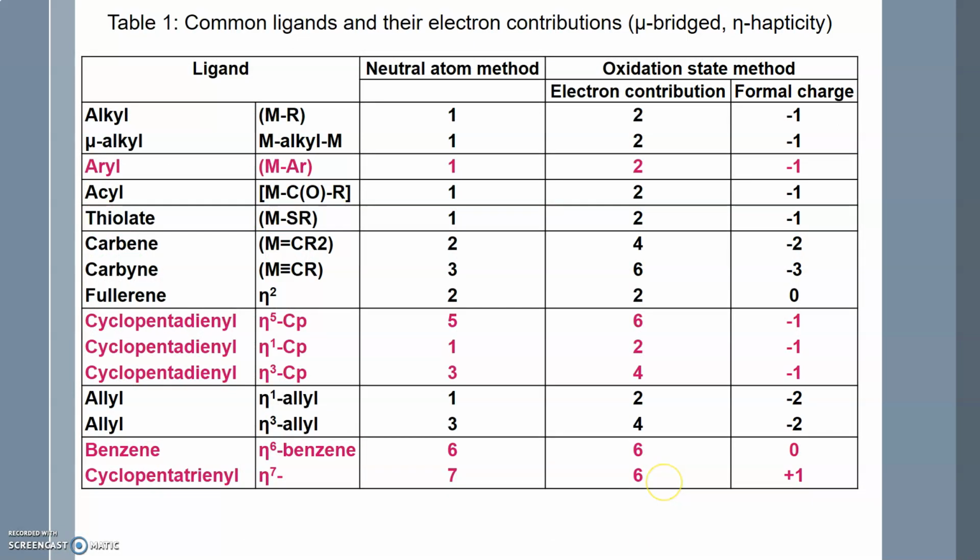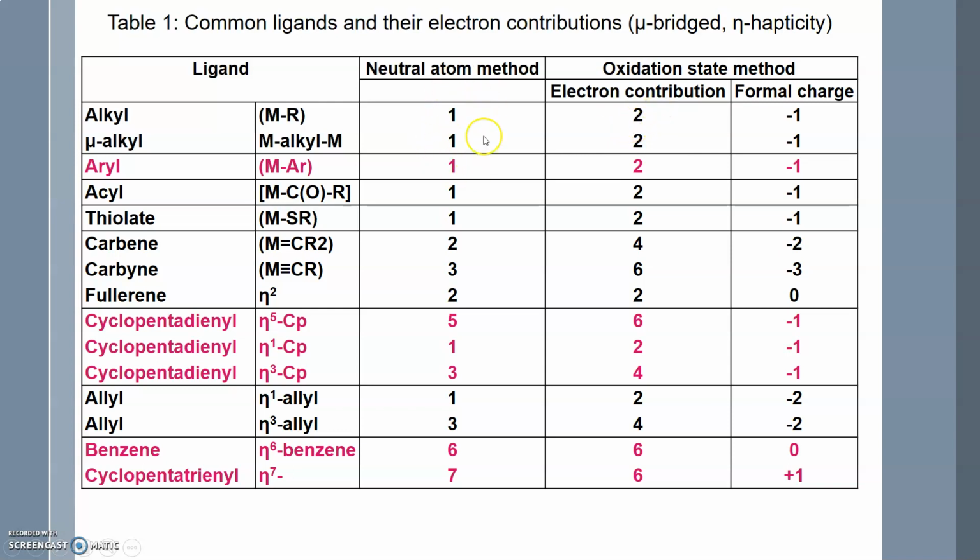There are a few more examples here. The alkyl group can be considered as a terminal group or as a bridged group. Whether it is terminal or bridged, it is a negatively charged ligand. So correspondingly, -1 has to be subtracted from the total electron contribution from the oxidation state method.